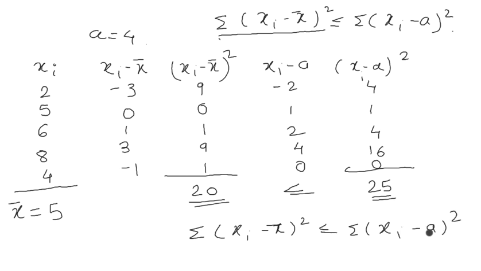That is, if you take any value for a, you will always find that this inequality is true. Suppose in another way, we will try to understand that statement. Obviously mean is the center part of the data, so mean will lie somewhere here, and these are the data points.